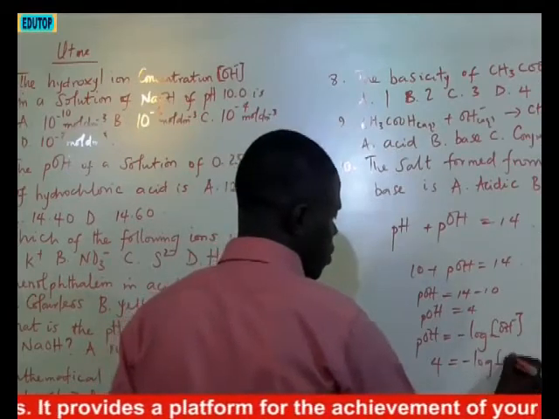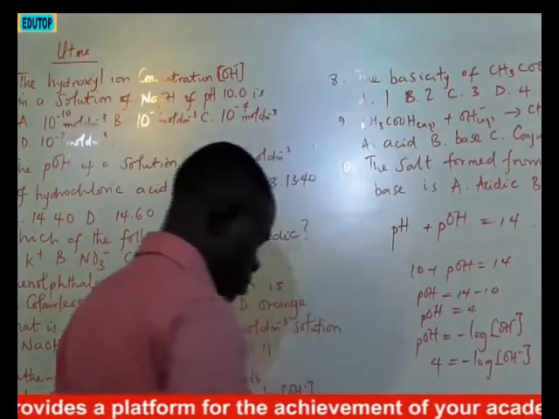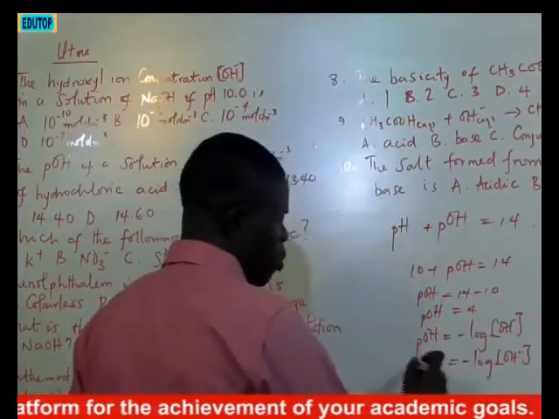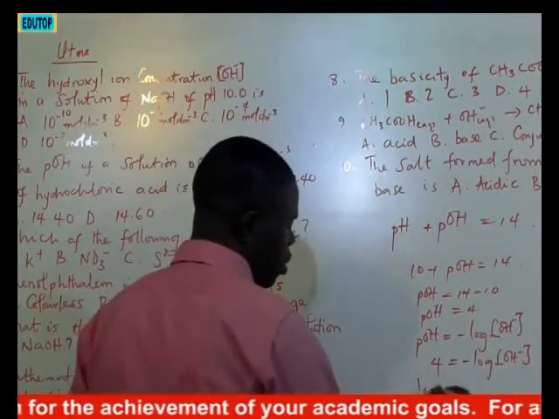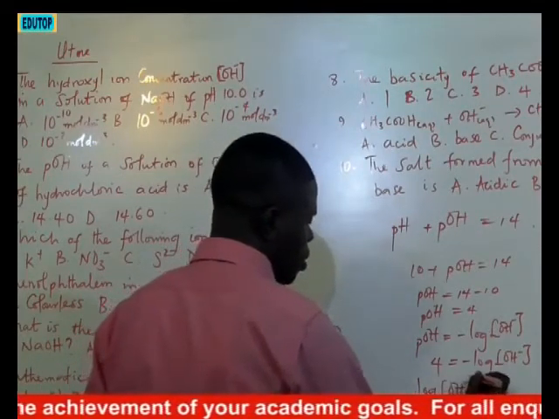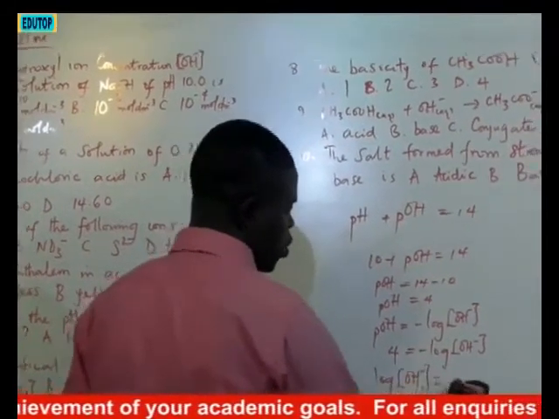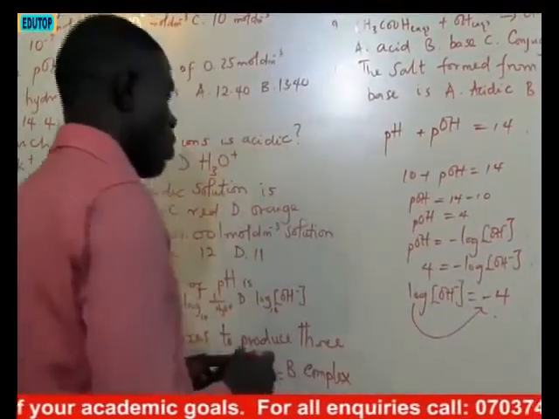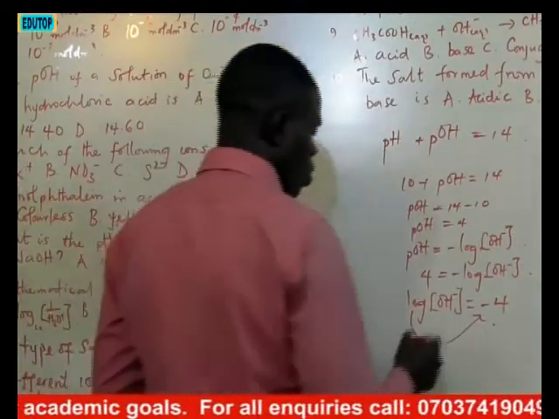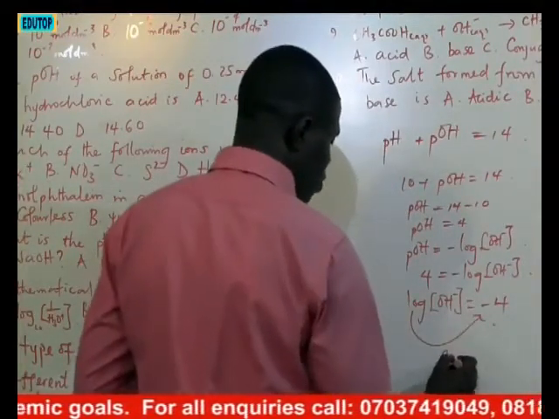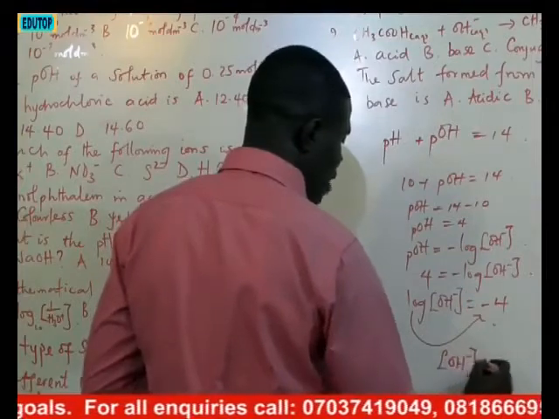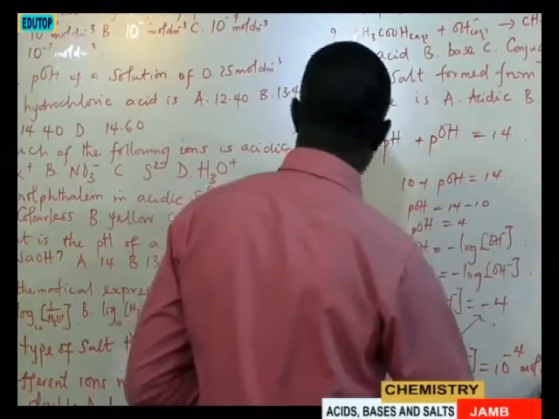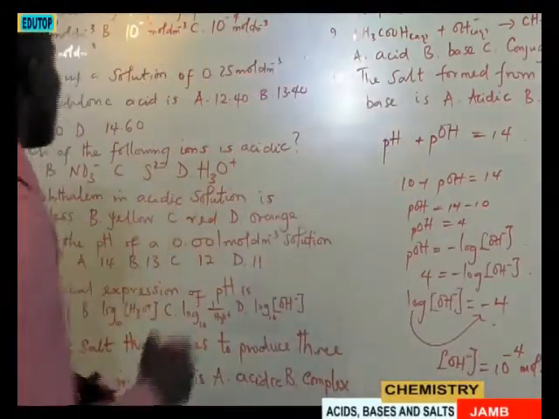Multiplying through by minus, we have log of hydroxide ion concentration equals minus 4. Then when this log comes to this side, it becomes what? Anti-log. This one is to base 10, so we have our hydroxyl ion concentration to be the anti-log of this, which is 10 to the power minus 4 mole per dm³. So we go to option C, the one that matches that, and that is option C.